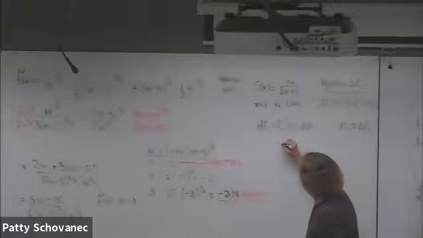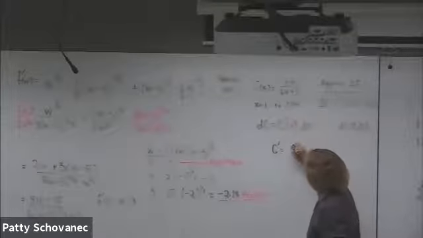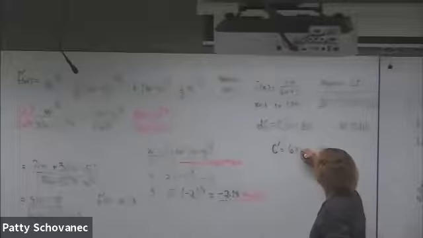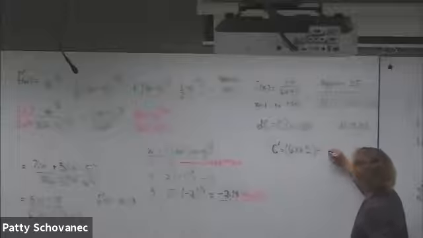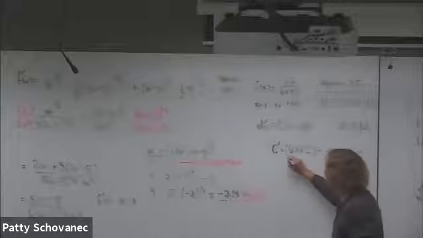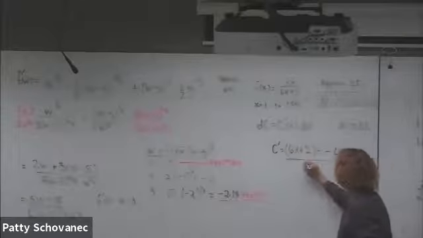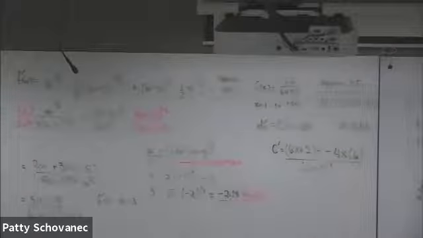Let's go ahead and get C prime. By the quotient rule, we take the bottom times the derivative of the top, minus the top times the derivative of the bottom, over the bottom squared. We can simplify that a little bit.